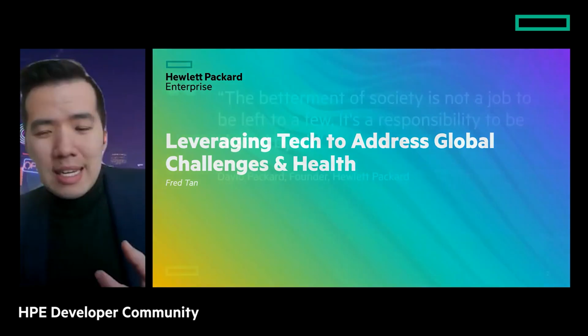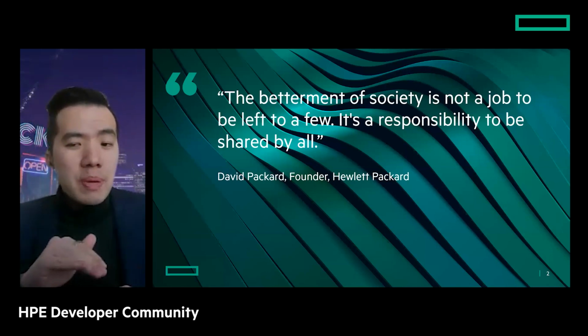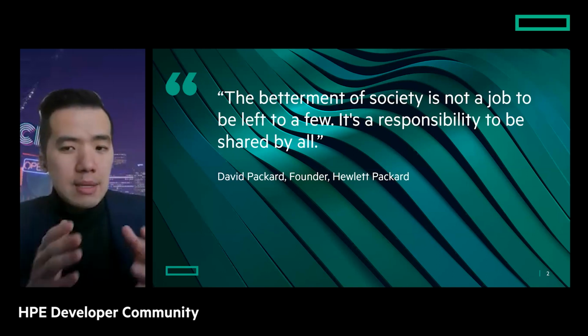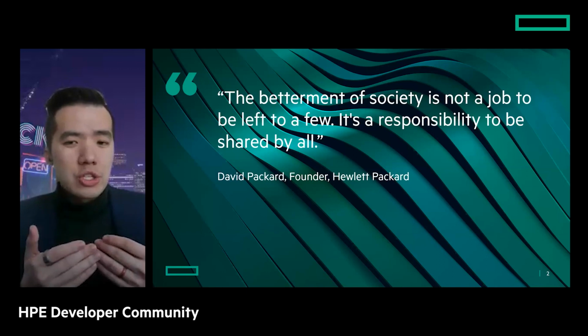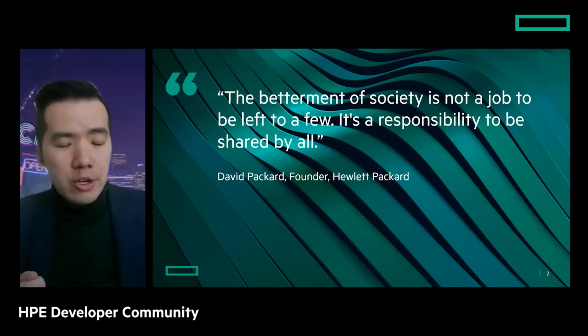Everything that we're doing here at Hewlett-Packard Enterprise builds on what David Packard, one of the original founders of the company, said when he said that the betterment of society is not a job to be left to a few, it's a responsibility to be shared by all.